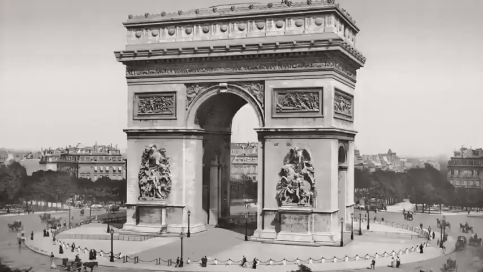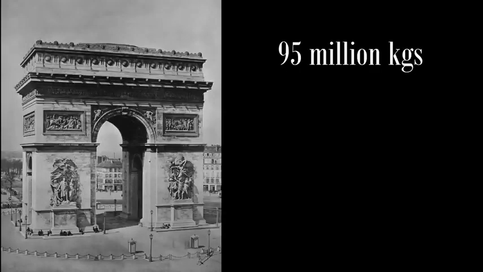The Arc de Triomphe is made from 36,695 cube meters of limestone and weighs 95,407 tons, or just over 95 million kilograms.